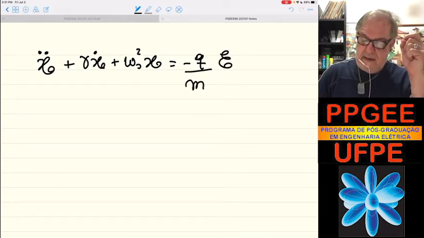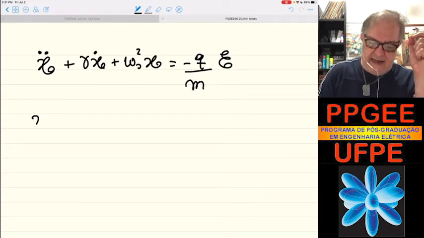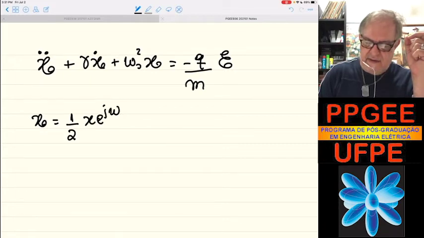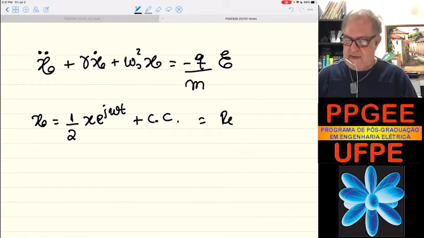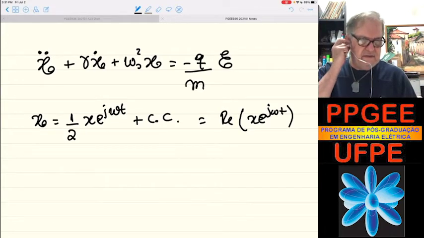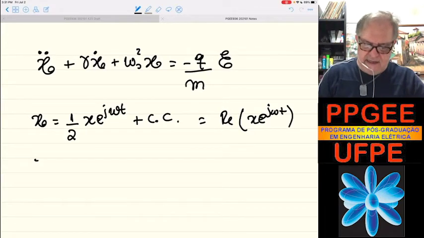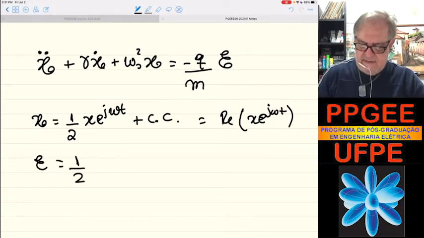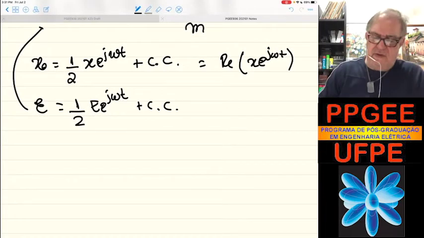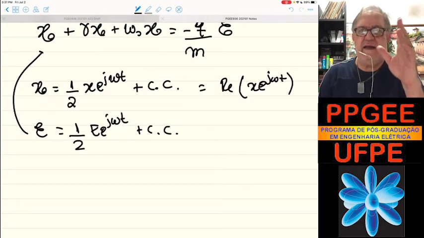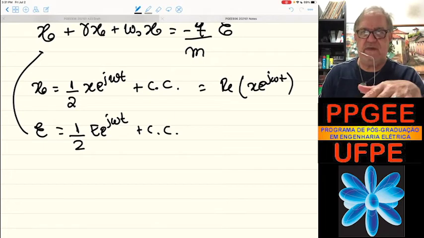Now, if I make x equal to 1/2 of x exponential plus complex conjugate, which is the same thing as saying that this is equal to the real part of x exponential j omega t, and E is the same, right? And if we plug those into the equation here, we're going to have an equation for the real part, and once this equation is satisfied, we have the same result for the imaginary part.